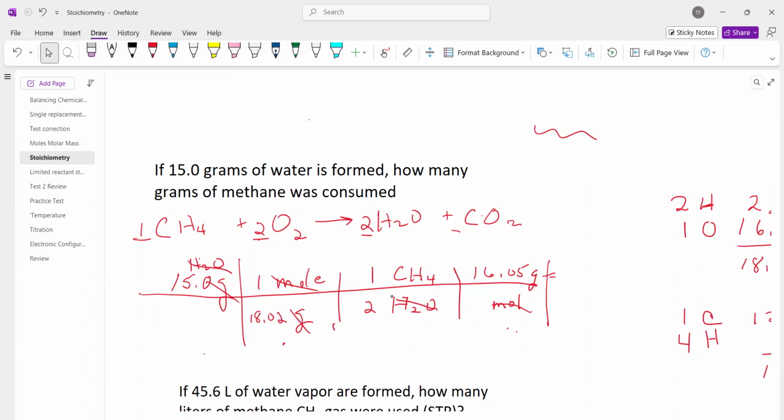Okay, the middle part is from the balanced equation. It's the ratio of what's given to what you're trying to calculate. And given is on the bottom, so it cancels. And then we need to go from moles to whatever we're trying to calculate: moles to grams, moles to liters, moles to particles.